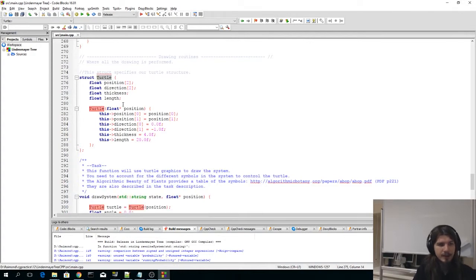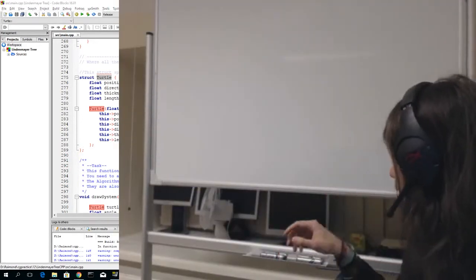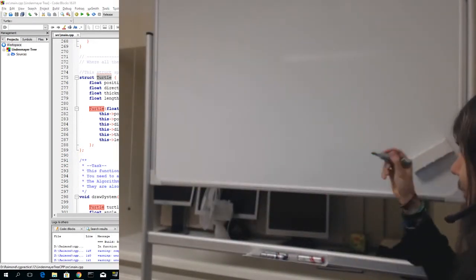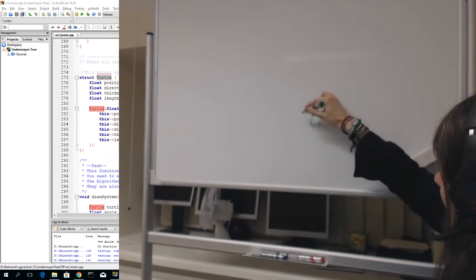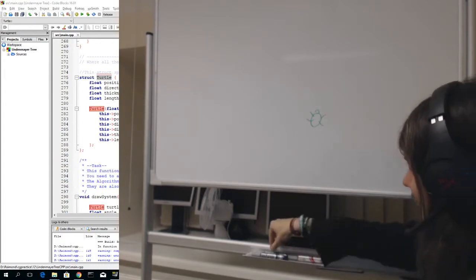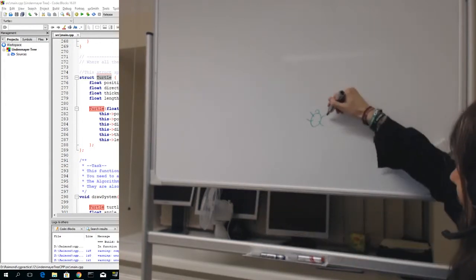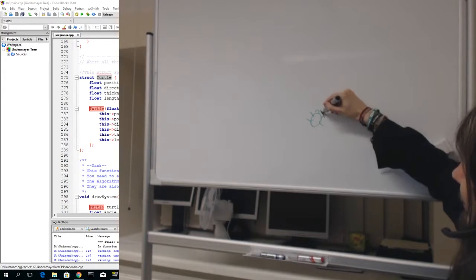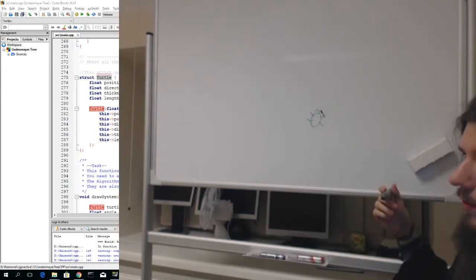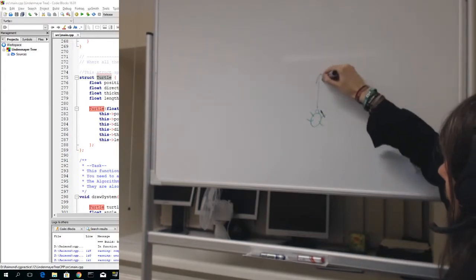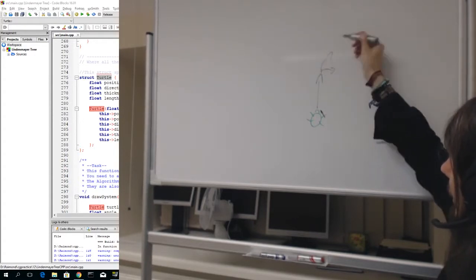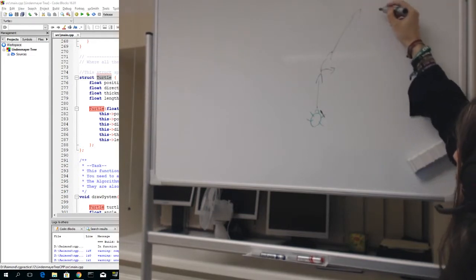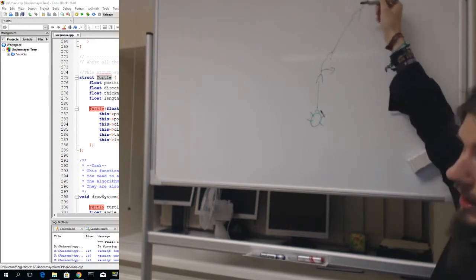So we have a turtle. So what is a turtle? So there is this notion of turtle graphics. I don't know where it comes from, but you have a turtle, and this turtle has a pen. So I don't know, maybe he's holding the pen or something, and this turtle can move. It can move forward. It can also turn right, maybe at some angle, then move again, turn at some other angle, and so on.